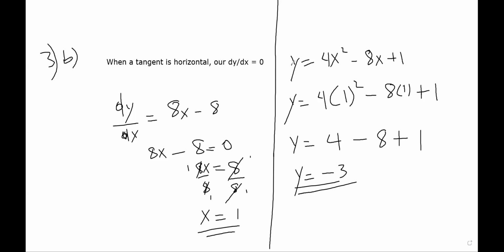So now we can state that our coordinates are (x1, -3). And those are our coordinates, right? Is everyone clear? Or is there any questions before we move on?